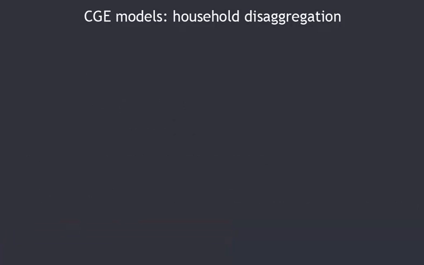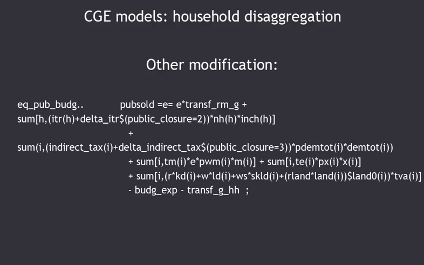What are the other changes to the model? They concern the public savings equation. This is always equal to government revenues, that is to say, transfers from the rest of the world to government, plus direct taxes on households, plus indirect taxes on consumption, plus taxes on imports, plus taxes on exports, plus taxes on factors of production, minus government spending, and minus government transfers to households.